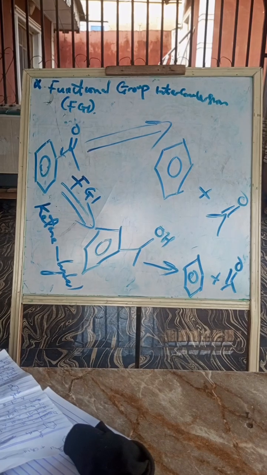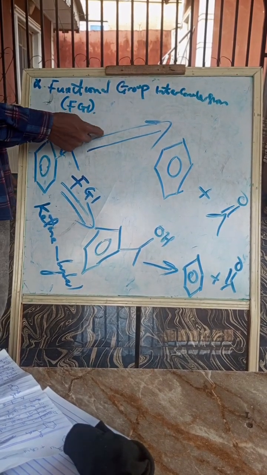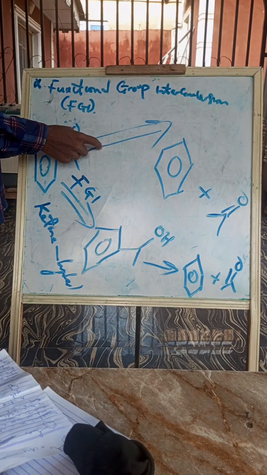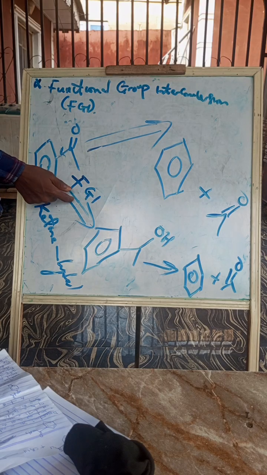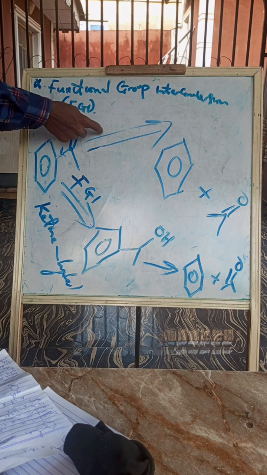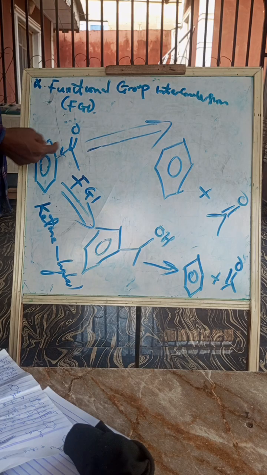So we can see we indicate FGI here, but in this scenario we didn't indicate FGI. That is, there is no conversion of functional group. So no FGI here, but we have FGI here. This is to show that we didn't interchange functional group, we just cleave straight. But here we didn't just cleave.